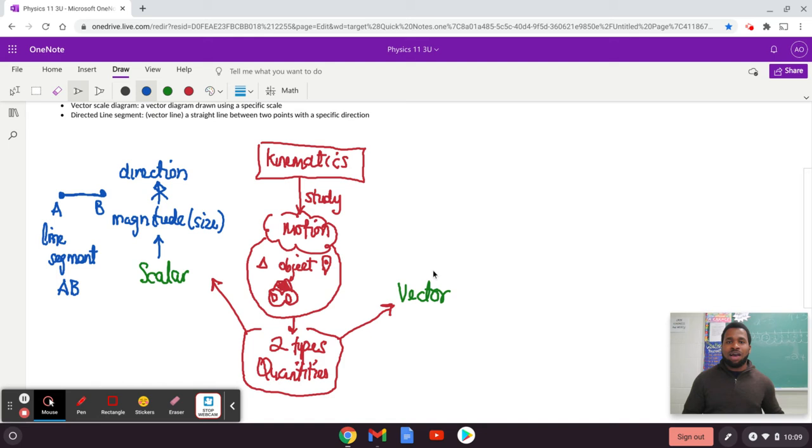However, a vector quantity has magnitude and also a direction. What makes a vector quantity different from a scalar quantity is that although both have magnitude, which means a measurement scale, the scalar quantity has no direction, while a vector quantity does.